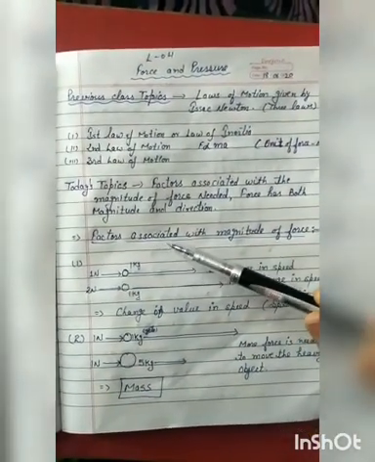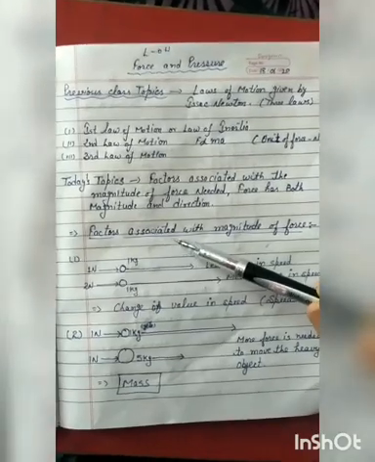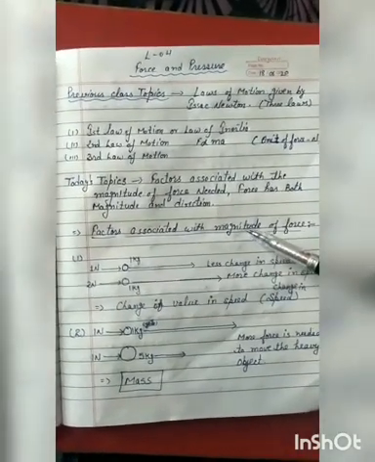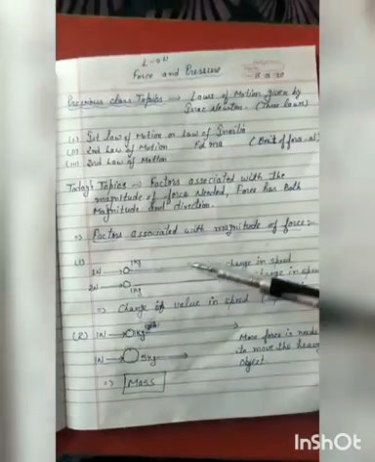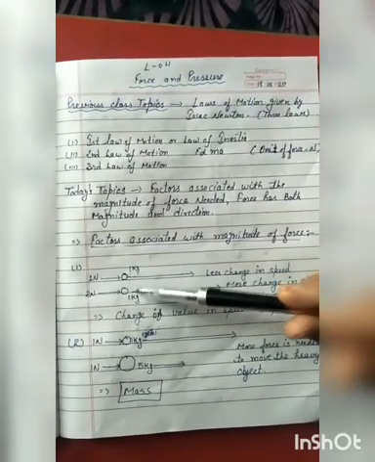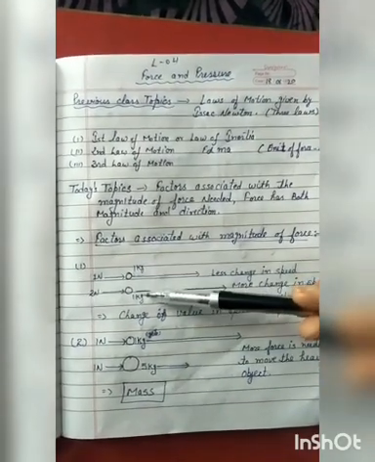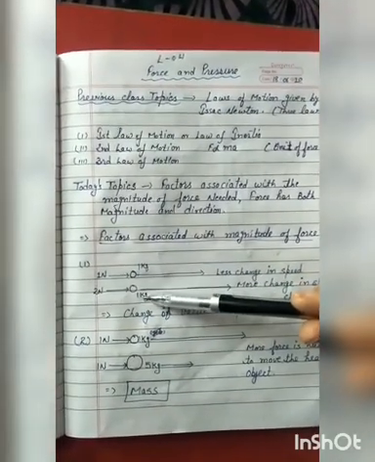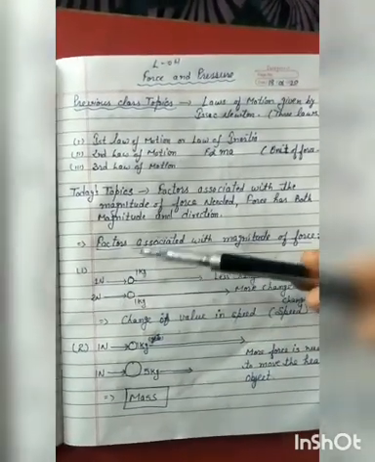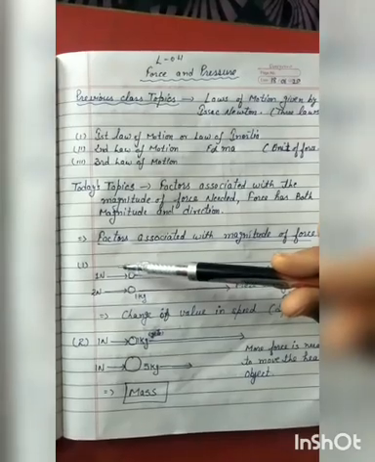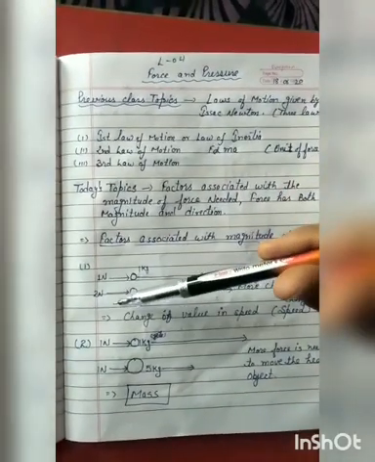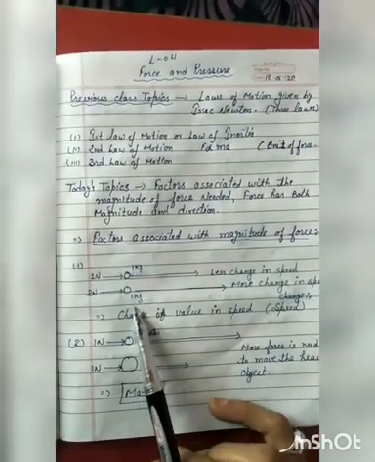So here we have to find what the different factors associated with the magnitude of force are. For this, let us consider an example. I have considered two bodies having the same mass, let it be 1 kg, and I have already told you that the unit of force is Newton. Suppose we apply a force of 1 Newton on the first body and 2 Newton on the second body.